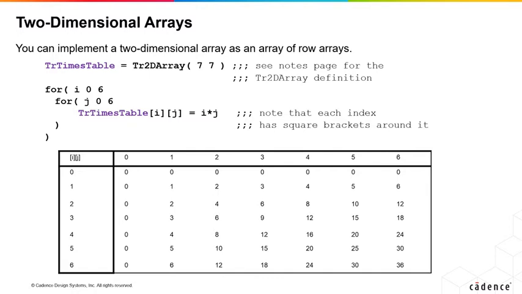So rather than just bracket ij, it's actually bracket i bracket and then bracket j bracket. That's the correct syntax to access this table. And then at each location of i and j, we'll store the product of i and j. So in the diagram here, you can actually see what the populated table will look like in memory. And you can also see, based on the code, how to access the elements of that table.